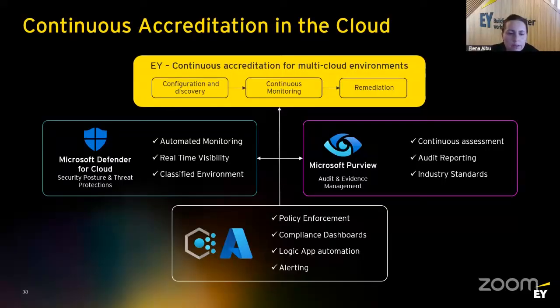You have at the base the Azure policies, in the Azure portal, where you can do policy enforcement, see the compliance dashboard, create Logic App automation for the policies that you deploy, and also have alerts for the resources which will not comply with your policies, in order to see them faster.